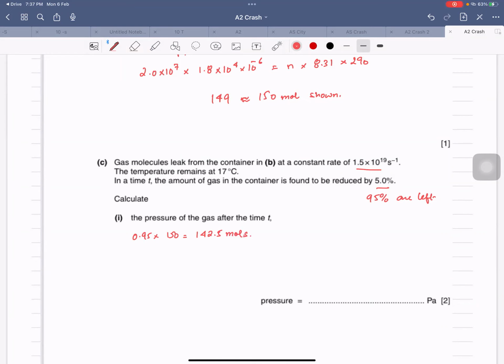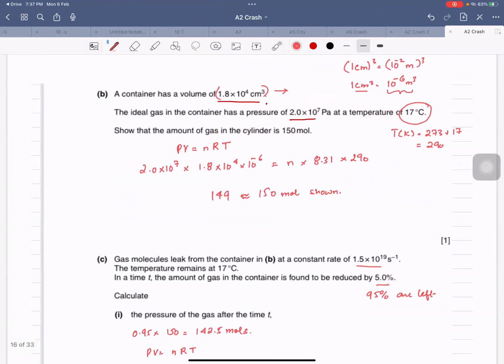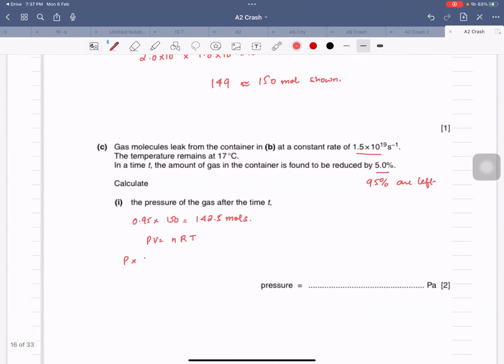And now, when you get this, we want to find the pressure, right? So we are going to use, again, PV equals nRT. Volume would be the same because that is the container volume, which is, I believe, 1.8 times 10 raised to minus 2.